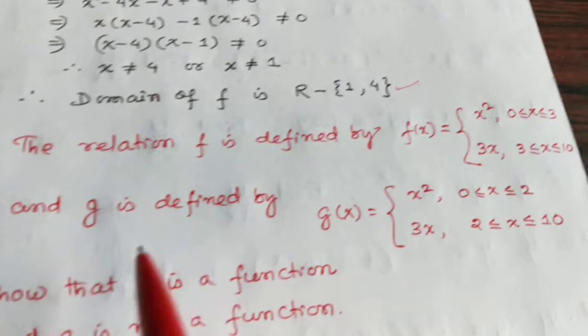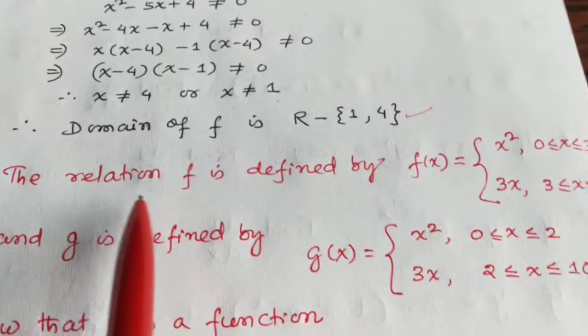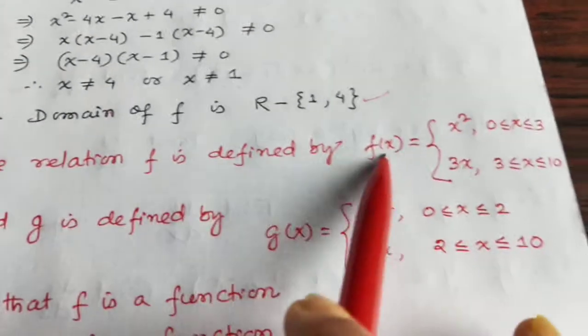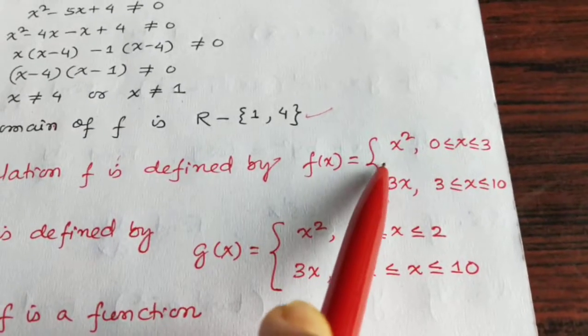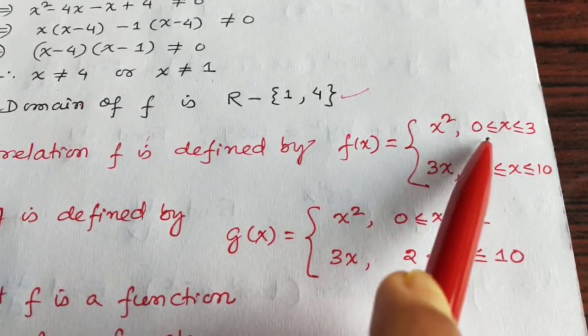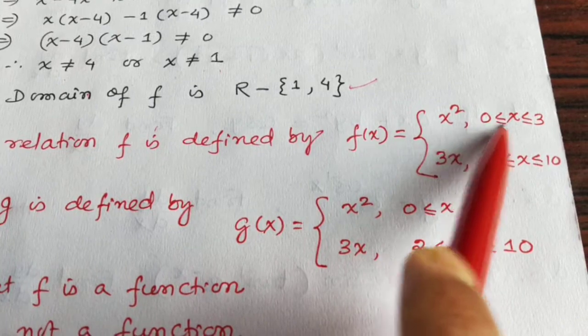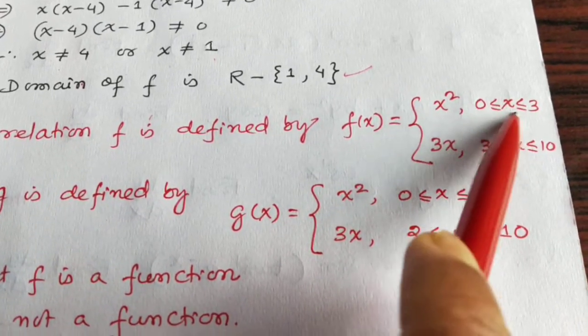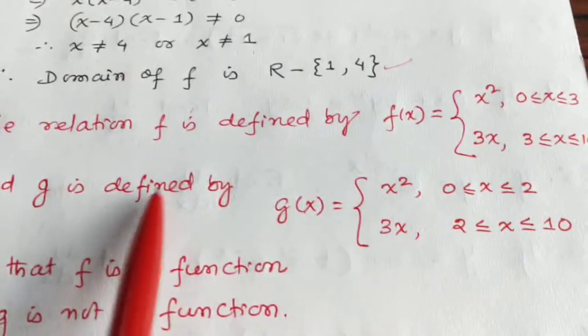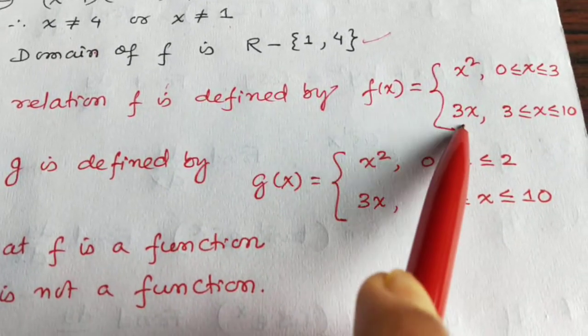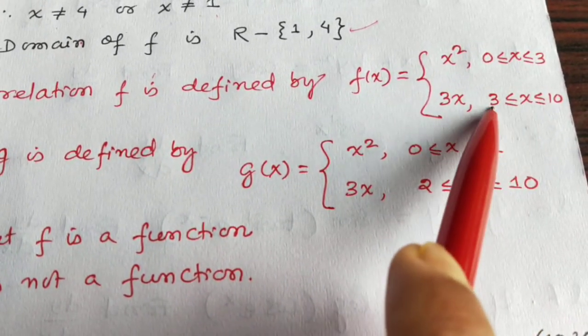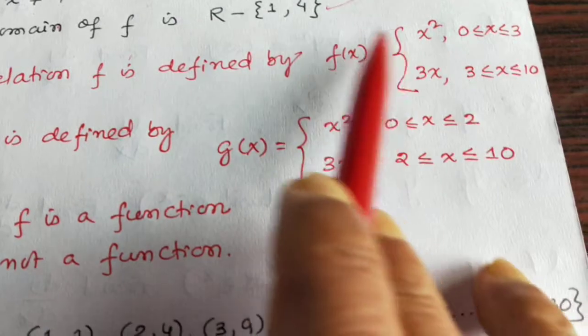Now one more interesting question is given to us. The relation f is defined by f of x equal to x square for all the values lying between 0 to 3, inclusive 0 and 3, and f of x is 3x, x greater than or equal to 3 and less than or equal to 10. This is the function given.